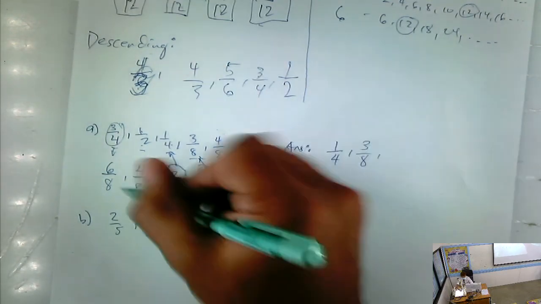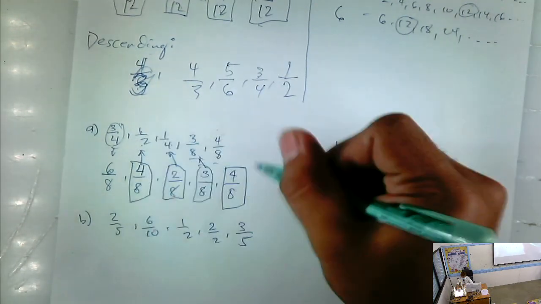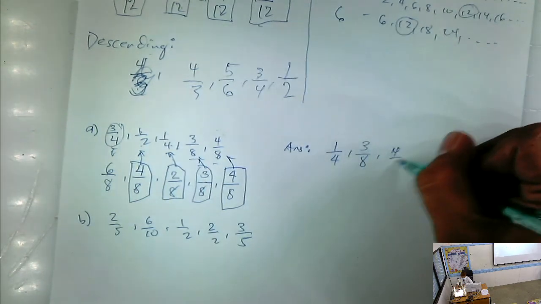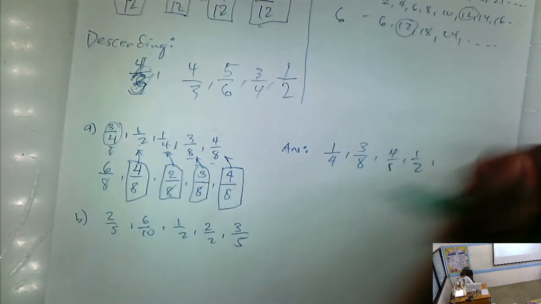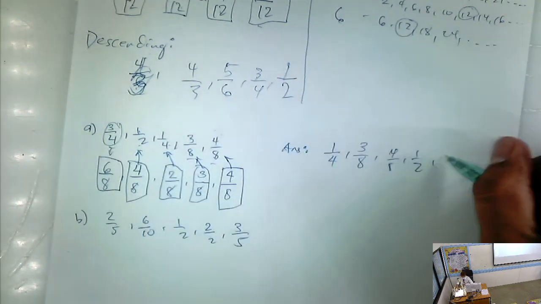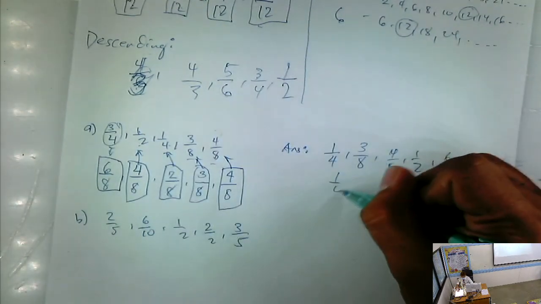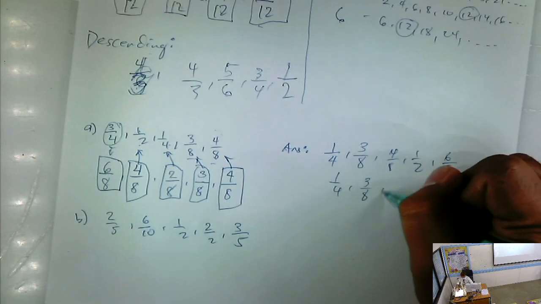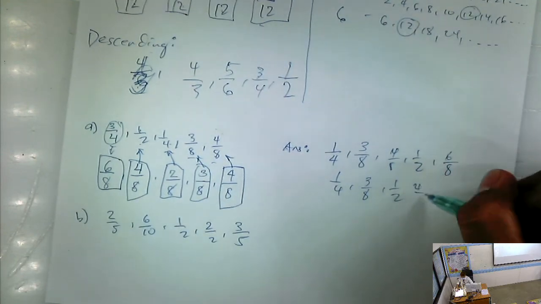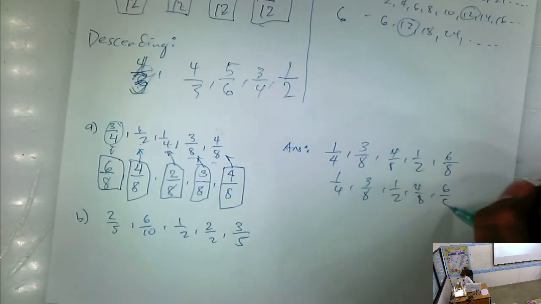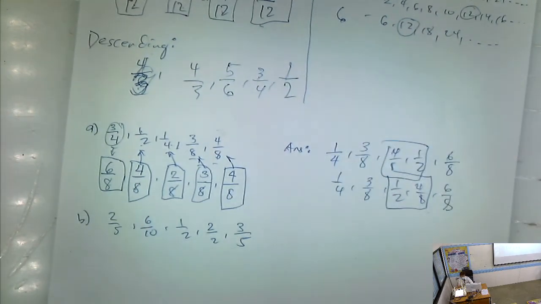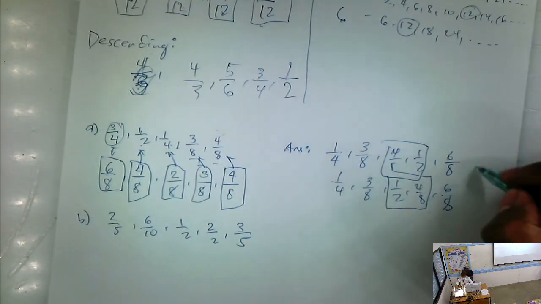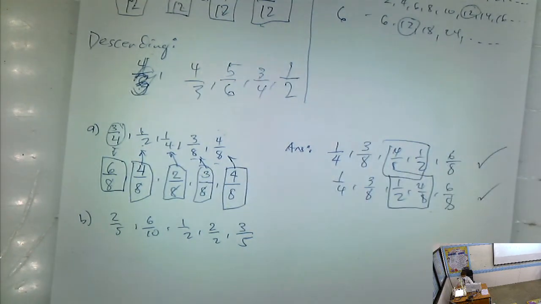Okay, you can either write this one, 1 over 2 and 4 over 8, or you can switch this one, and 6 over 8. Again, you can also write this one, since these two are equal. So either this one or this one.